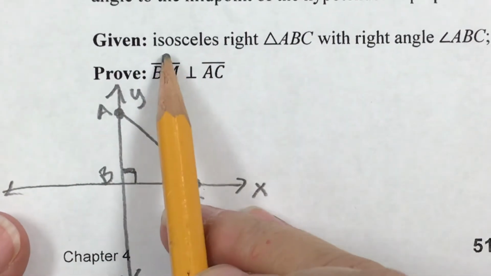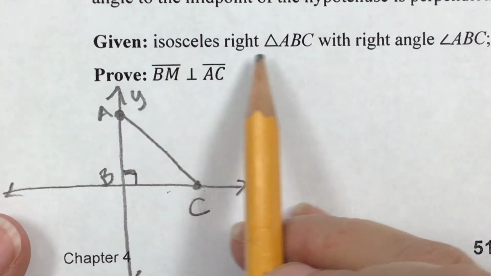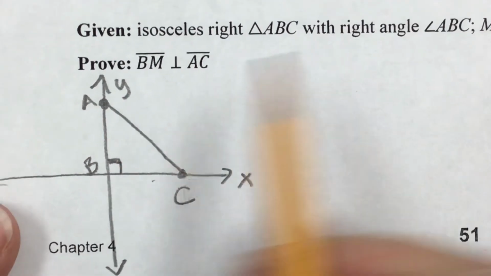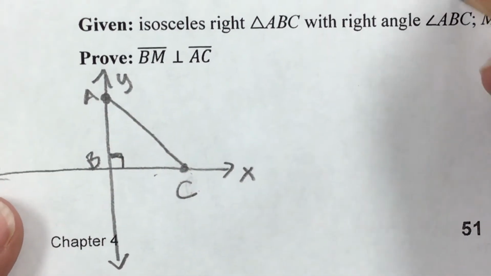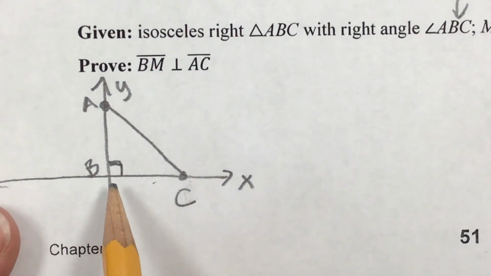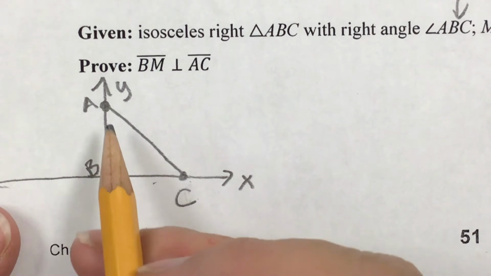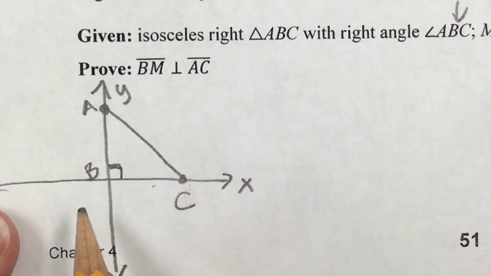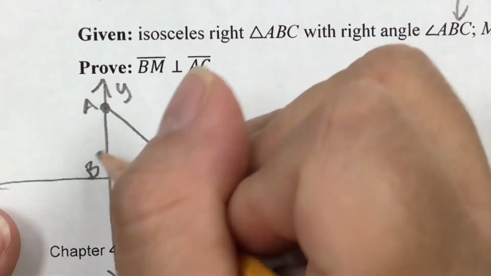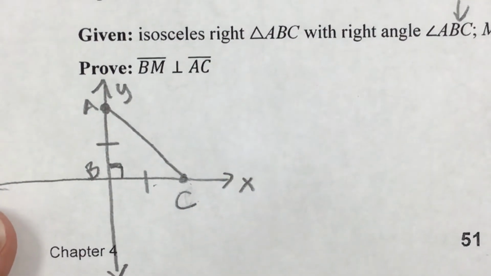It says that the isosceles right triangle ABC has a right angle at ABC. That means B is the one that's the right 90 degrees. And that's why I had to change the order of the letters so the B can be at the 90 degrees. Since it says it's isosceles, then I'm going to make these two sides equal.